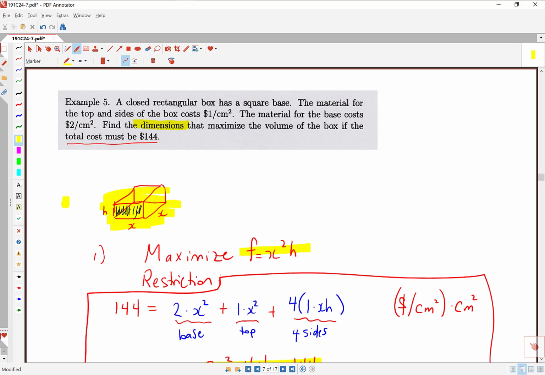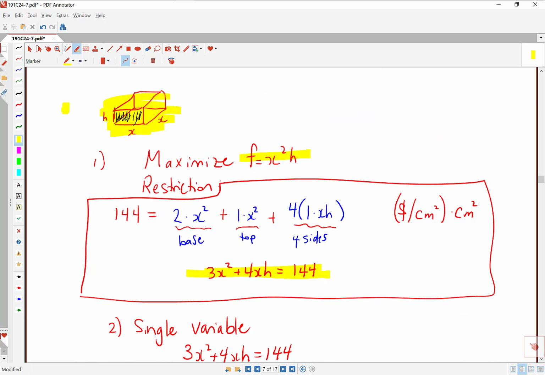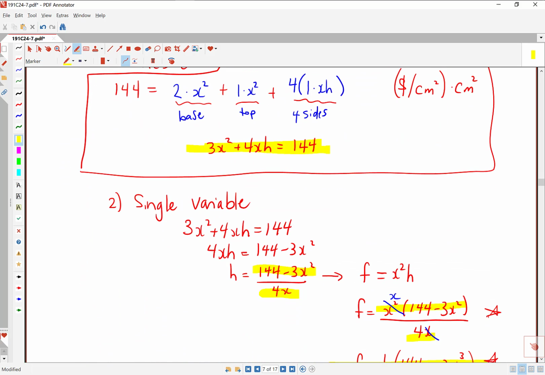So we know x, we figured out that it's 4 centimeters. Therefore, we just need a formula for h, and we can scroll back through our work to figure out where we last saw a formula for h. Oh, here it was. We said h was (144 minus 3x squared) over 4x. So that's what we'll use to answer the question.